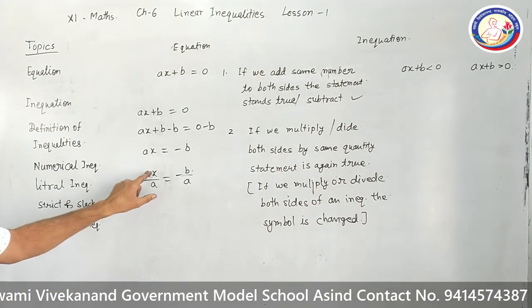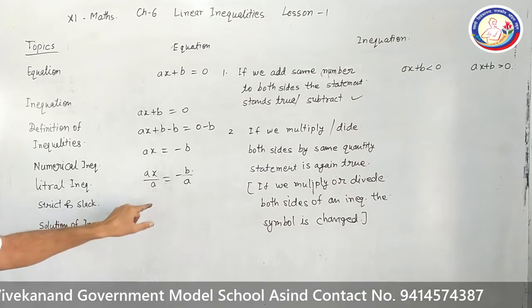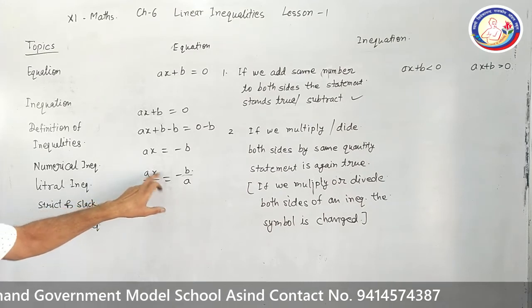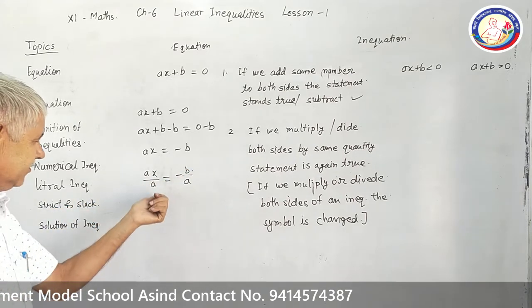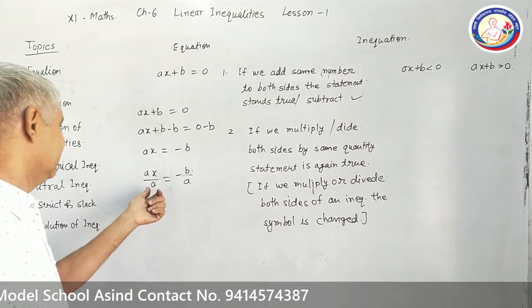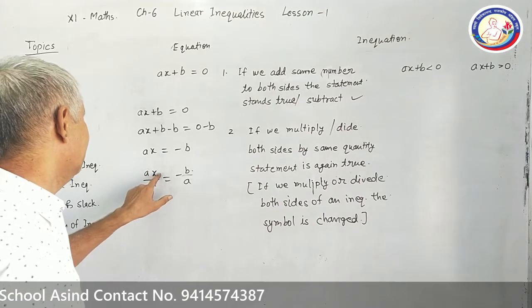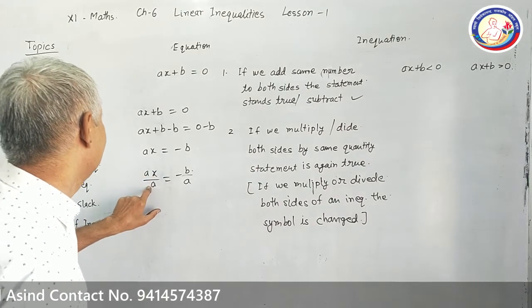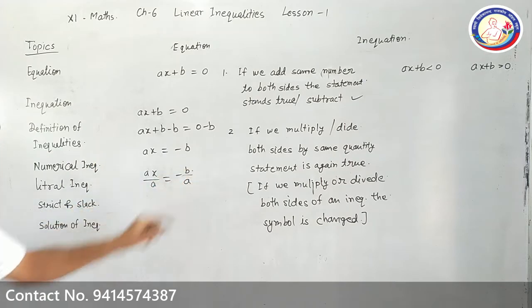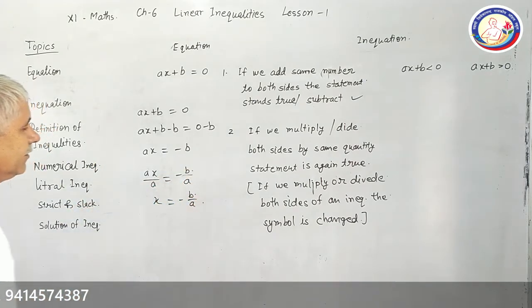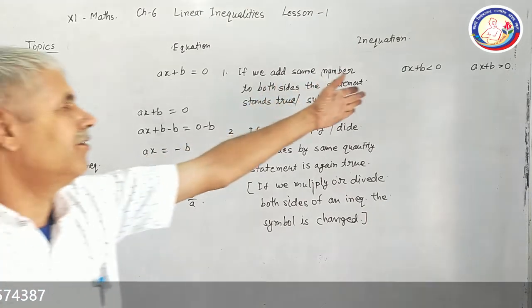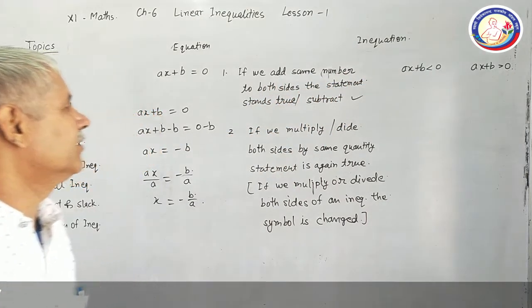Because I want this a not here, I want only x here. So without changing the condition or the statement, I want x here, so I am dividing it by a. I am getting b by a. So x equal to minus b by a. The similar process we will follow to solve inequations.